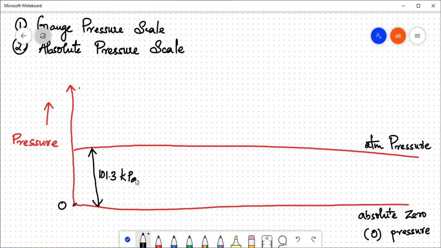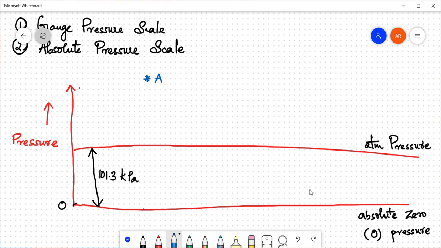Now pressure at any point can be measured with respect to absolute zero scale or atmospheric pressure scale. Let us consider a point A. The pressure at point A can be measured with respect to absolute zero scale and also atmospheric pressure scale.